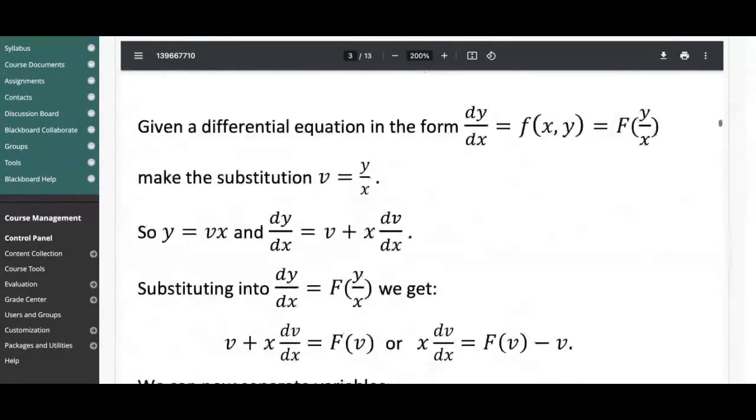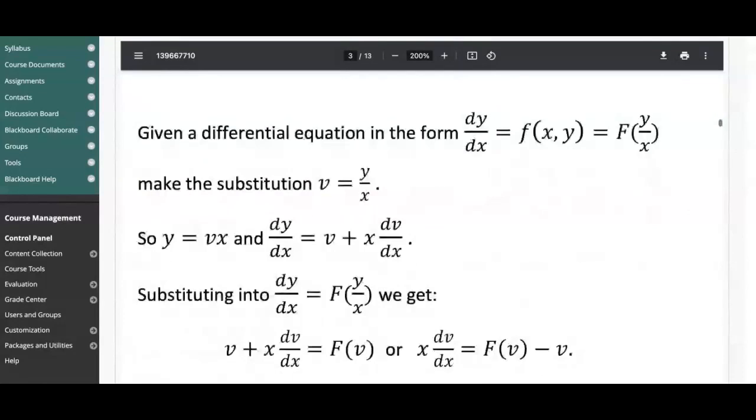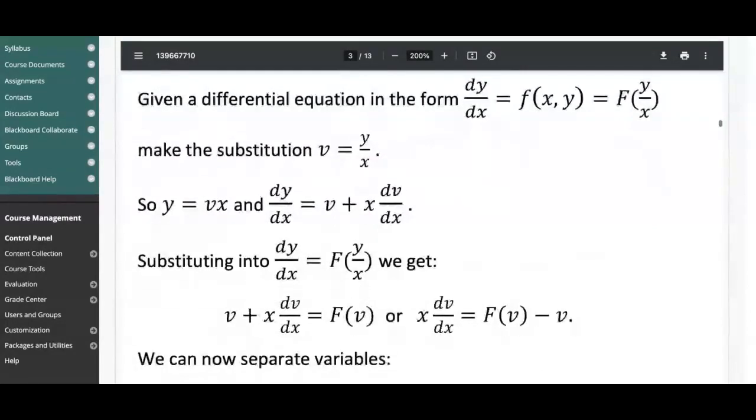All right, so if it's a homogeneous function, we can use the substitution method. We use a variable to represent the ratio of the two variables. That's the key part.